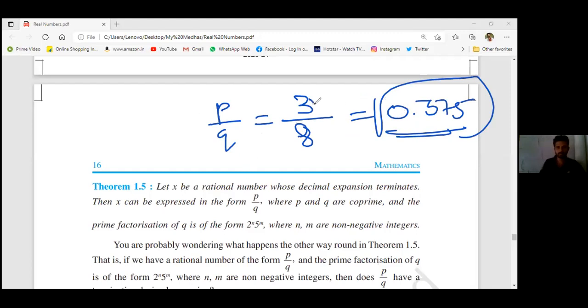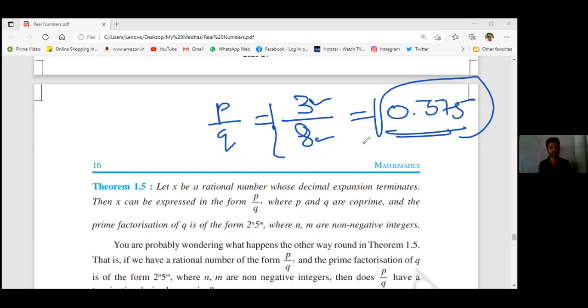And you can see 3 and 8 are co-prime numbers. They do not have any common factor other than 1. And this is a rational number ultimately, right?